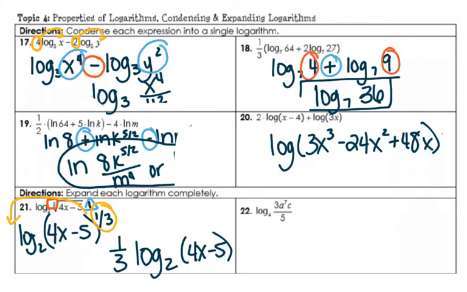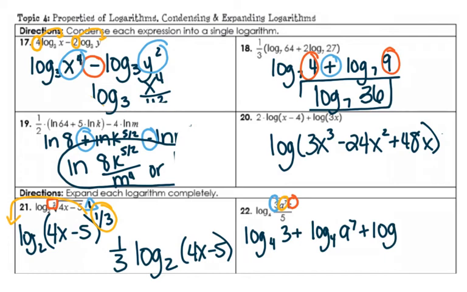Okay, so for the next one, let me show you all the little things that are being multiplied. So the 3, the a to the 7, the c are all being multiplied. So I could break those apart by addition. Okay, and then you were dividing by 5.